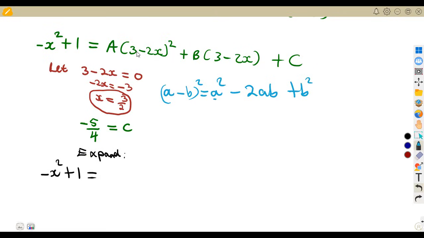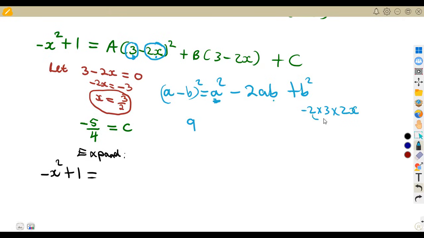So that means our a being the first term, which is 3, our b being 2x. So it's a squared, which is 3 squared. 3 squared is 9, all right? Minus 2ab means minus 2 times a, which is 3, times b, which is 2x. So it's like this.